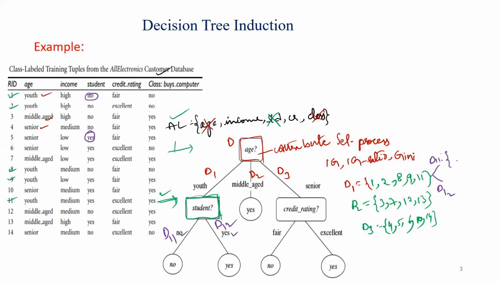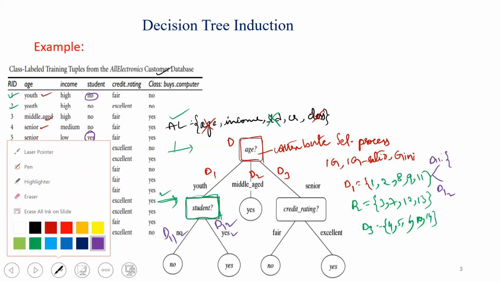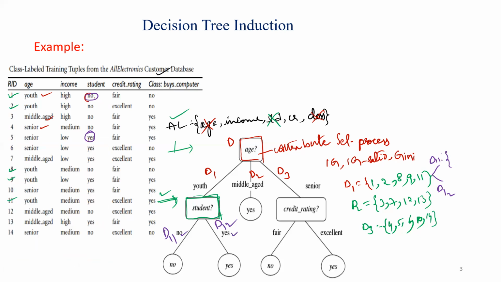Those whose student value is no. Here is no, here is also no, this is also no. We only need to consider the tuples from 1 to 8, 9, 11.